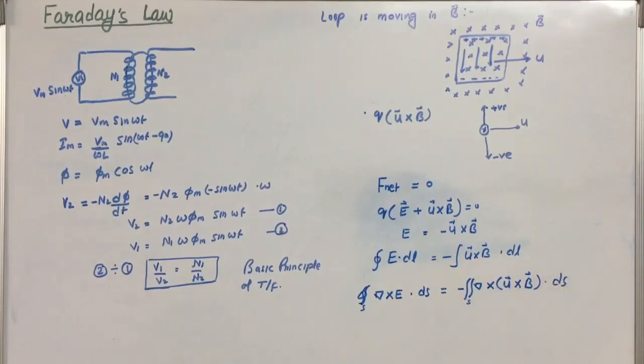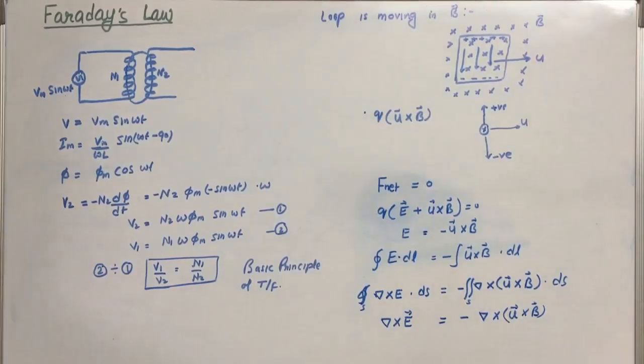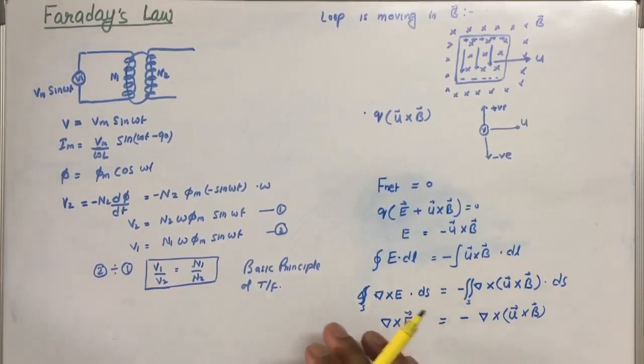So from here one identity we can find: the curl of E will be equal to minus del cross U cross B. It is called the motional EMF because this is the EMF induced in the conductor by virtue of its motion inside the magnetic field.